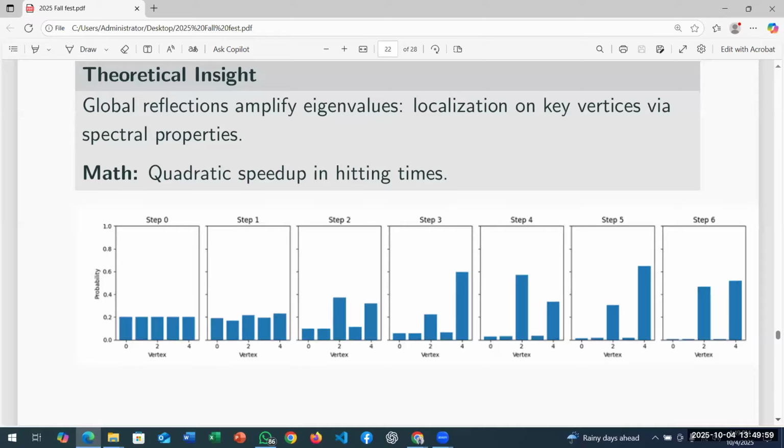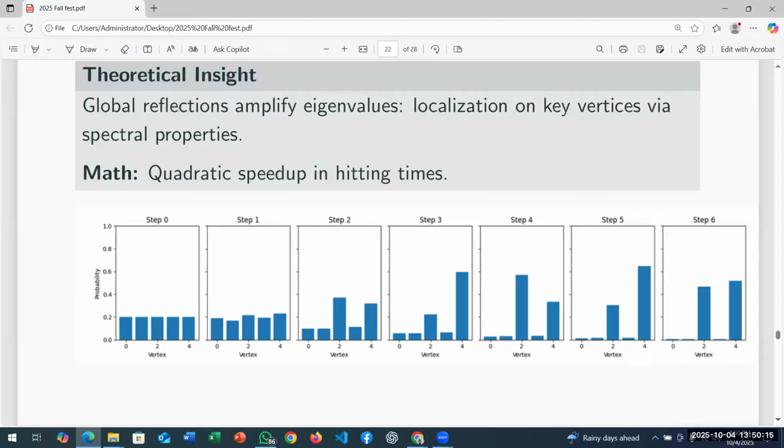And I don't want to use only one way for quantum, which is why I used two different ways, coin and Szegedy.